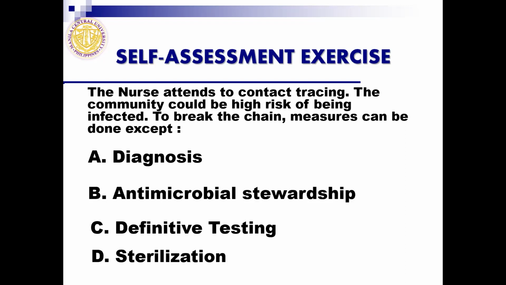If we say antimicrobial stewardship, it could use the concept of prophylaxis. What do we mean by prophylaxis? Meaning, an individual will be given an antibiotic even without the diagnosis but suspecting a possible infection, for preventive measure. So it may not spread the infection.